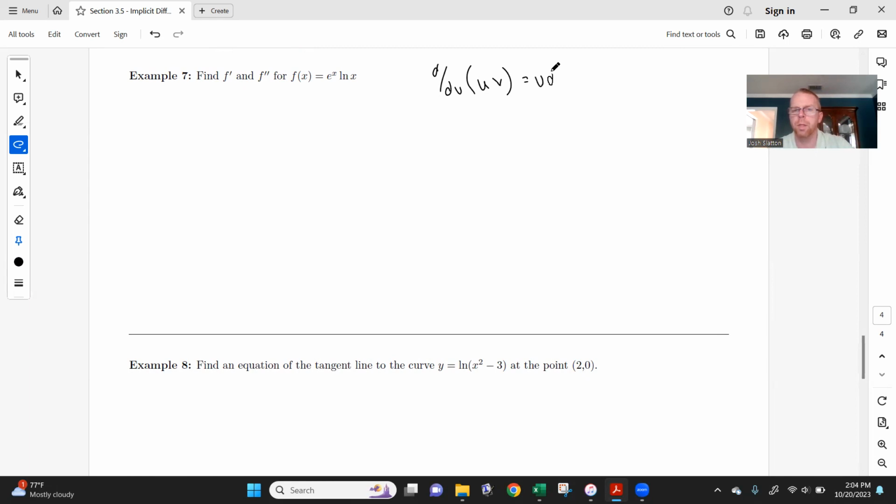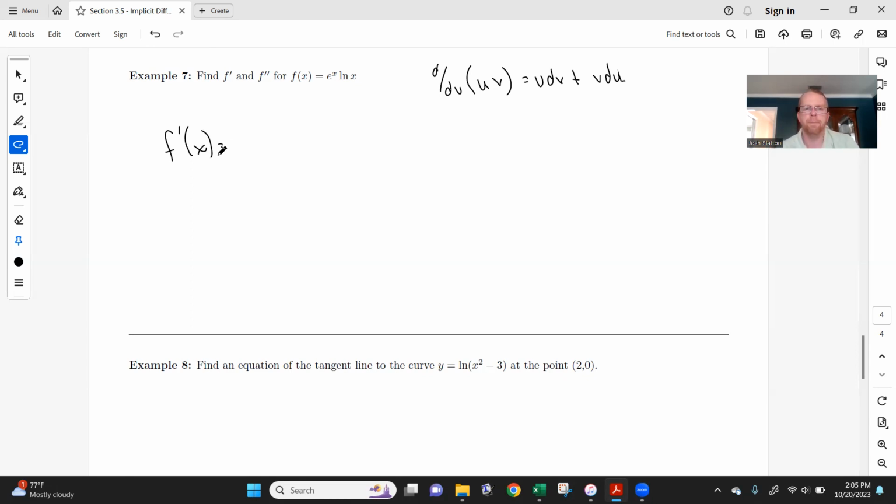And it's going to be u times the derivative of v plus v times the derivative of u. That one's probably a little bit easier to remember because you're adding, so it doesn't really matter what order you do it in. You just take the derivative of one while you hold the other constant and then switch. So that was a little bit easier than the quotient rule, but you got to know them both. You're going to use them both a lot.